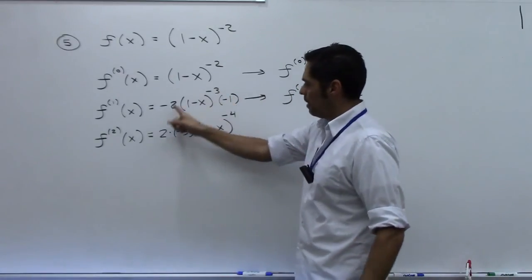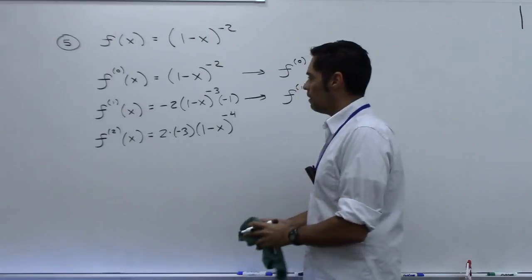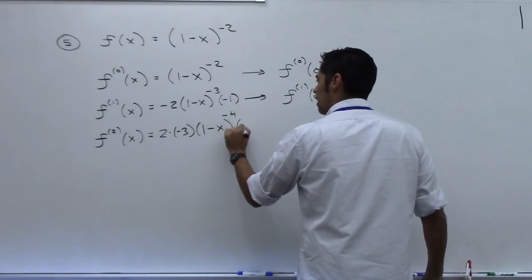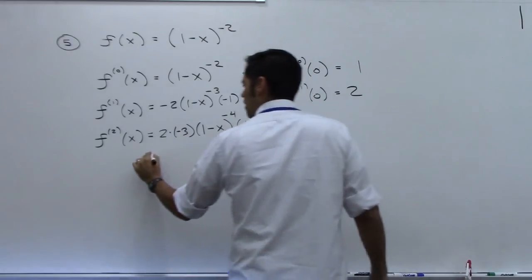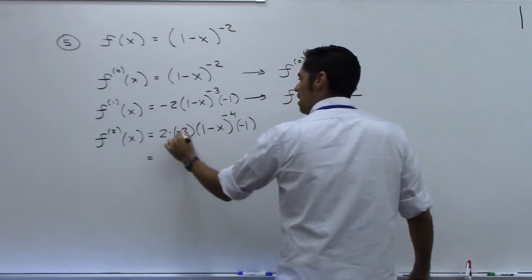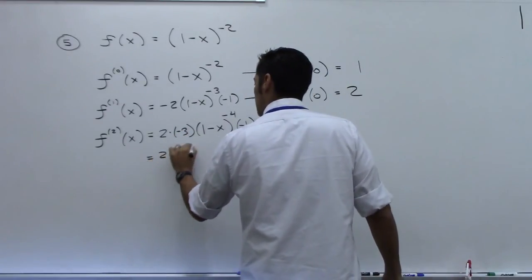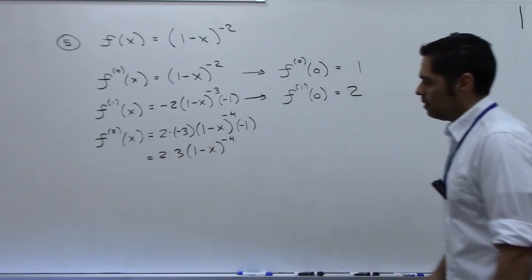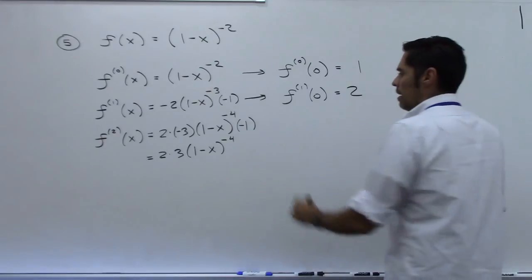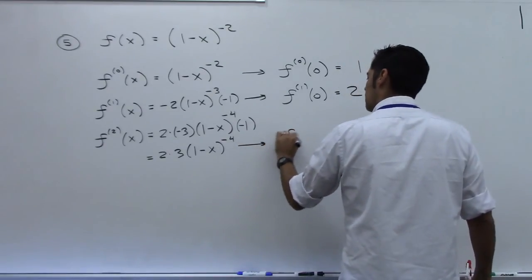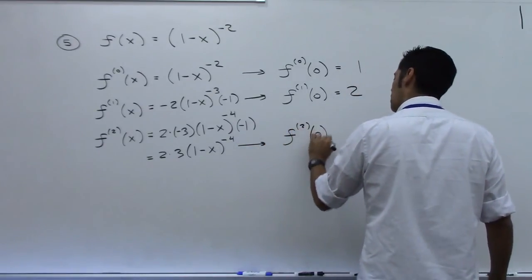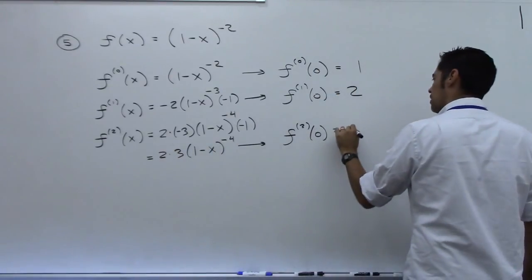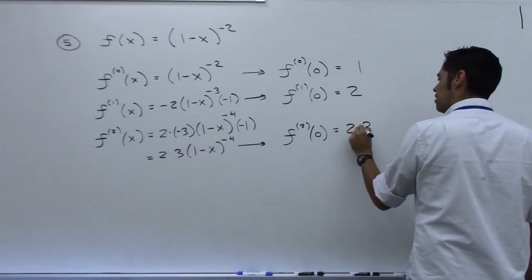So that's this coming out, hitting the 2 that was already there. And then I have the derivative of the inside, which again is negative 1. So on this one, I'll clean it up. This is going to be a positive 2 times 3, (1 minus x) to the negative 4. And now if I take the second derivative at 0, I plug in 0, I get 1 here, and 2 times 3 is 6. But I'm just going to put 2 times 3. You'll see why.